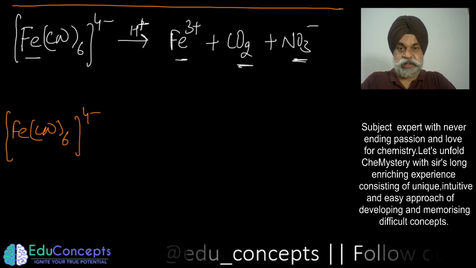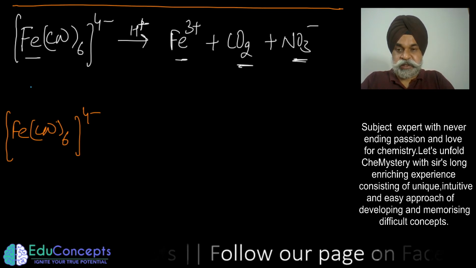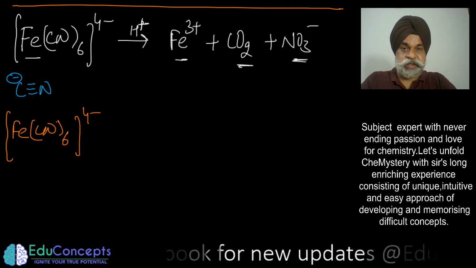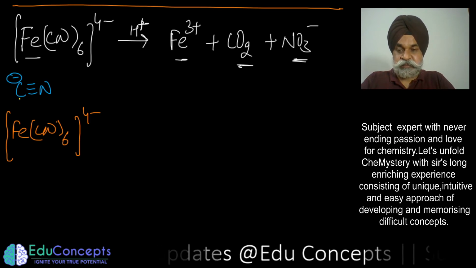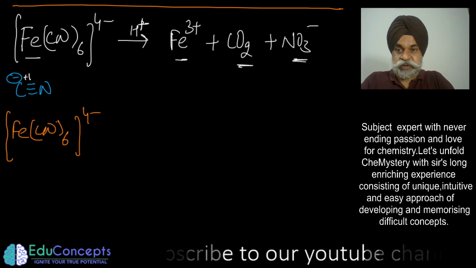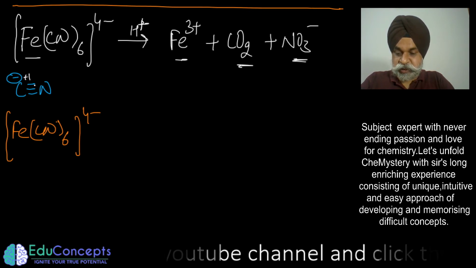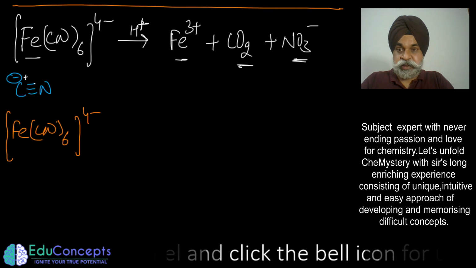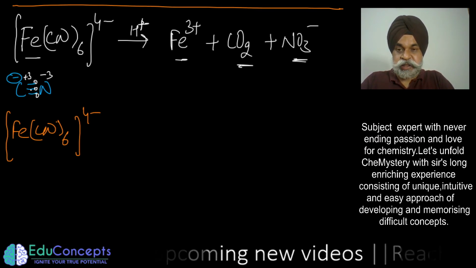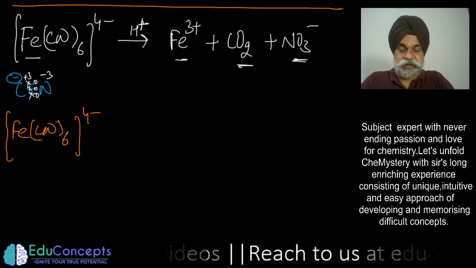How to find the oxidation state of... First there is the cyanide ion, which is categorically discussed in the topic of oxidation state in some other video. Here it is plus 1, sorry, I wrote it wrong. So this is plus 3 and this is minus 3, because these are the three electrons of the carbon.